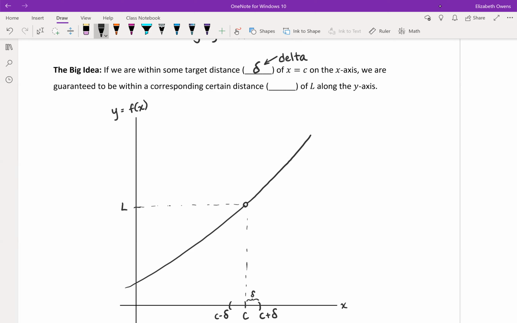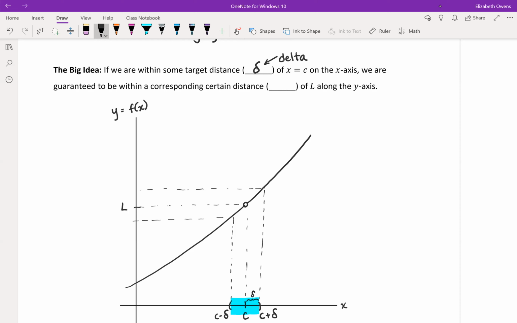Now, if our x value is somewhere in there, we are guaranteed to be within a corresponding distance of L along the y-axis. So let's see what that looks like here. Take up the edges of those margins. Now we'll go over and look at the corresponding y values.